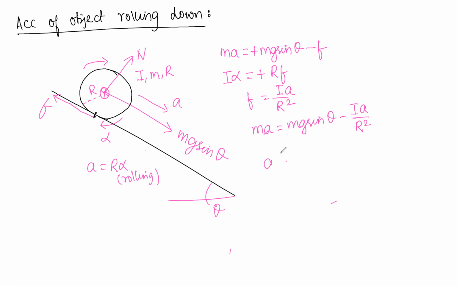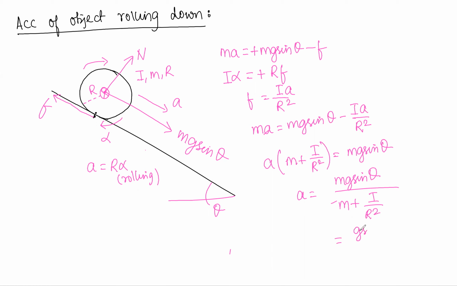Bringing it to this side, a into (m plus I divided by r square) is equal to mg sin theta. So a is equal to mg sin theta divided by (m plus I by r square). Just like I showed you in the last class, you can divide the entire thing by m and write g sin theta divided by (1 plus I by m r square).